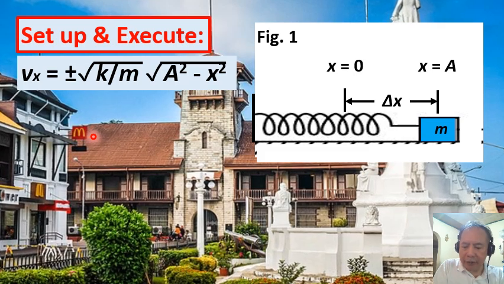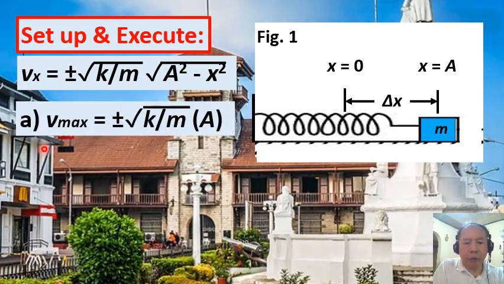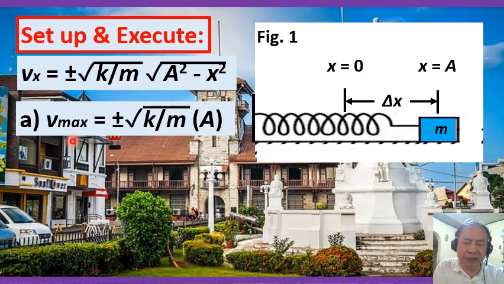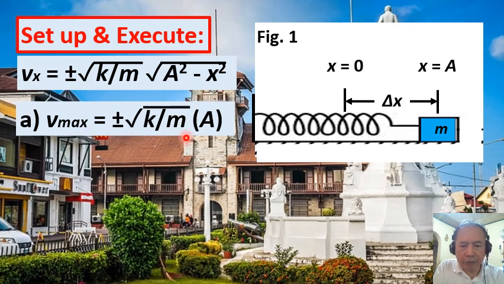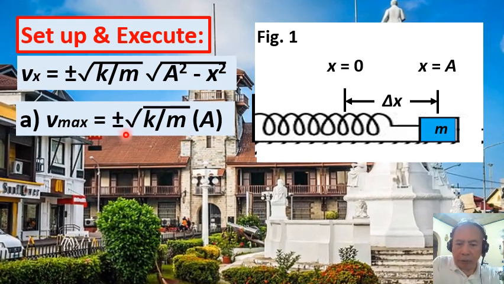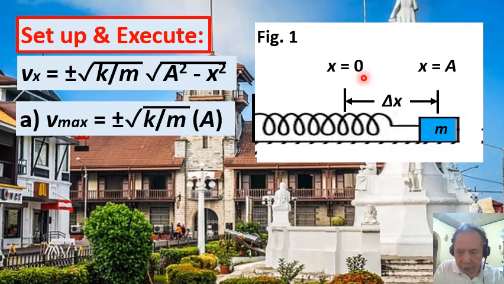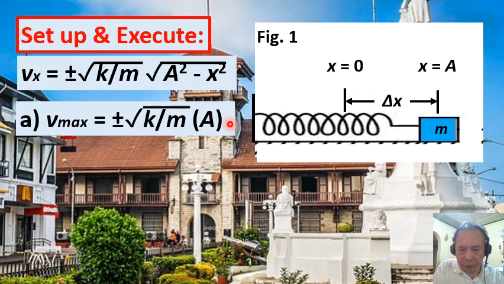And in part A, where we are required to find the maximum instantaneous velocity of the block, this happens when the block is exactly at the equilibrium position where x equals 0.